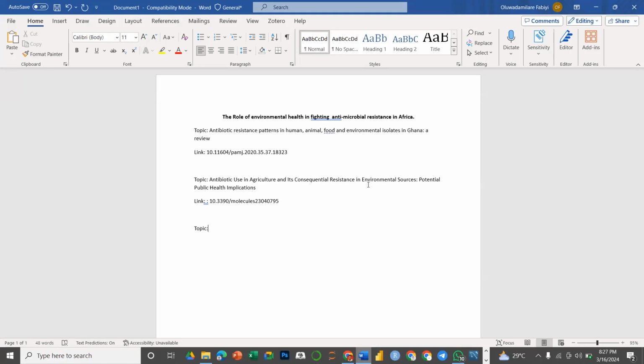So you know that if you are feeding an animal with antibiotics and you are using the animal's dropping as manure on the farm, it means that some particular part of this antibiotic component might have gone with the dung of the animals, and it will obviously have gotten to the field.